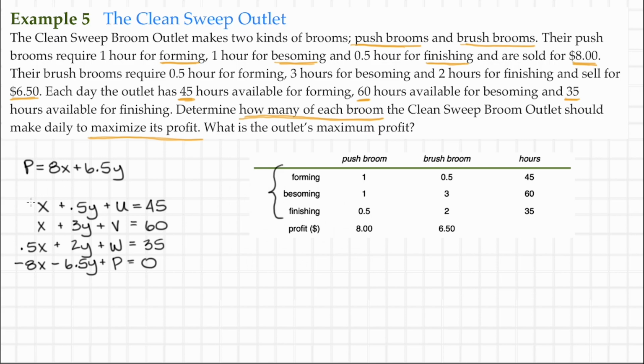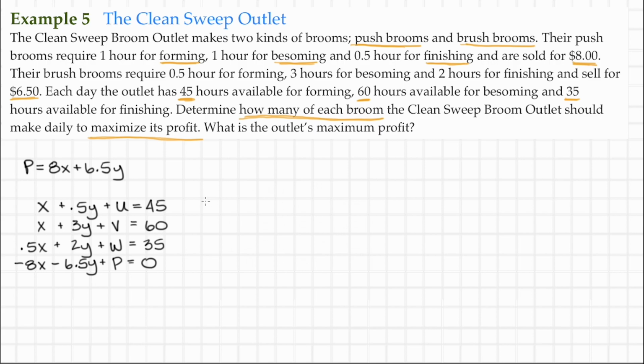So now that we have all the linear equations that represent the problem, we can translate this into a simplex tableau. We'll put in a bracket. Our columns are X, then Y, U, V, W, and P. 1X.